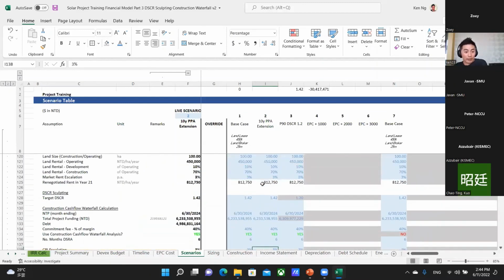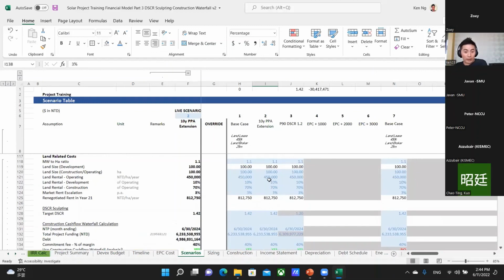So initially for the first 20 years, we're paying rental at 450,000 per hectare per year. But applying a 3% escalation for 20 years, it means that at the end of 20 years, we would be signing a new land lease where the rental was 812,000 instead.